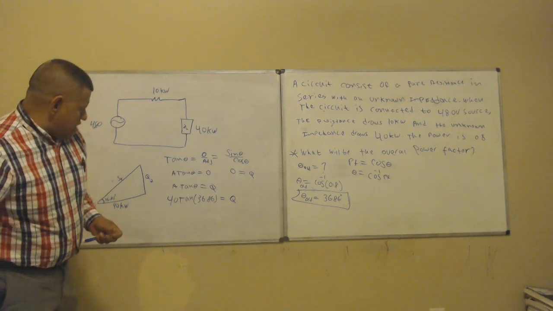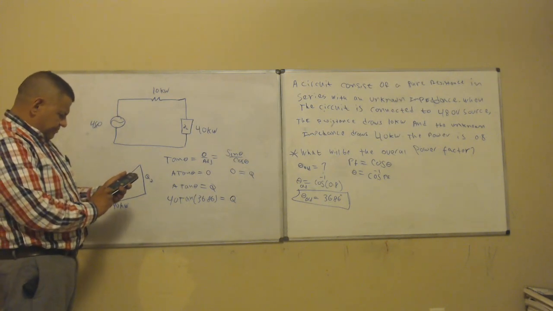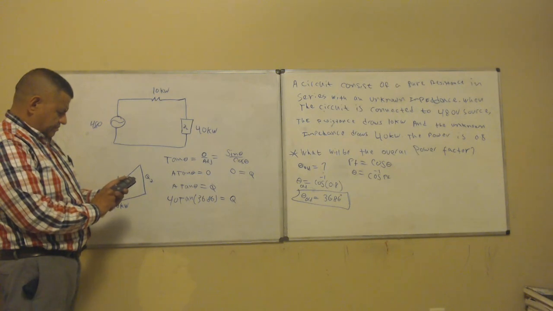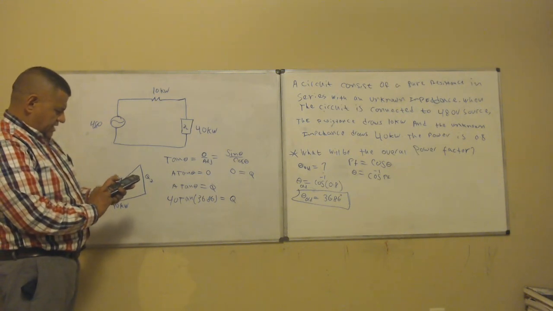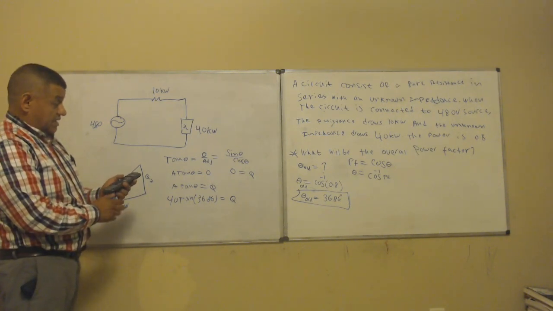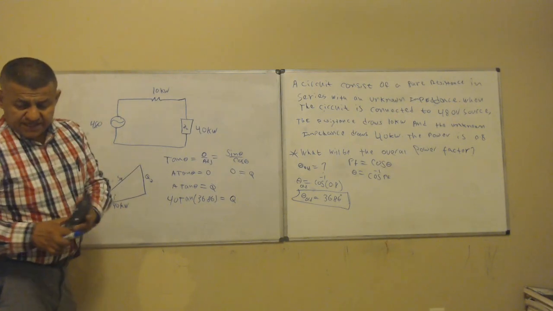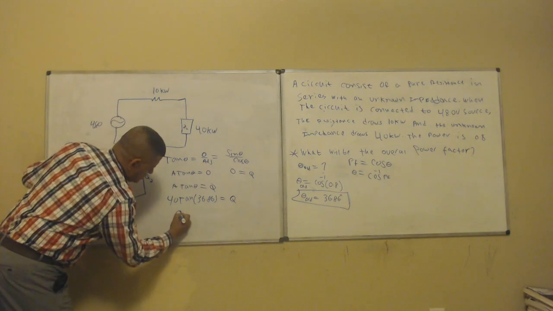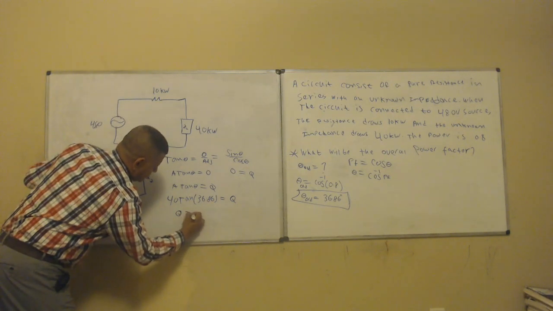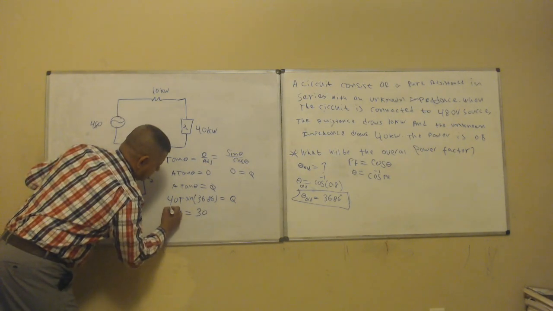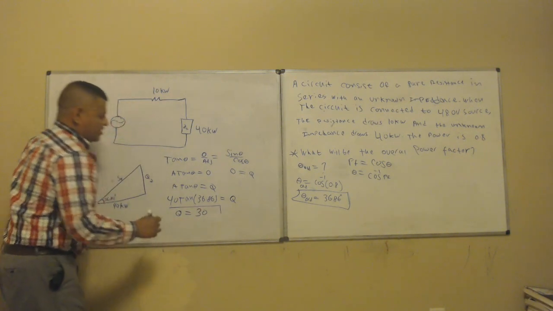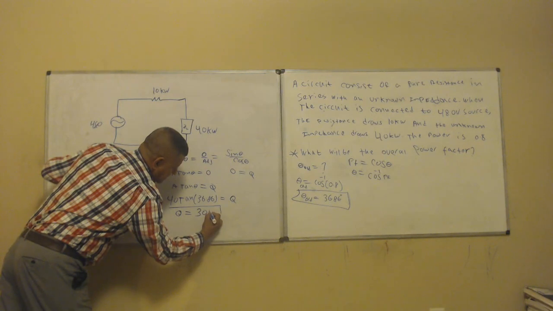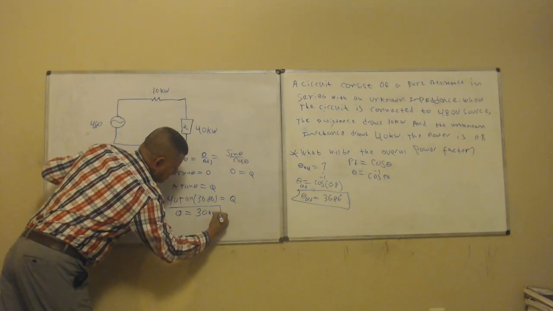Okay, so 40 tangent of the angle is equal to 30. So it's telling me that the Q is equal to 30, right? And 30 what? Well, it's going to be kVAR.